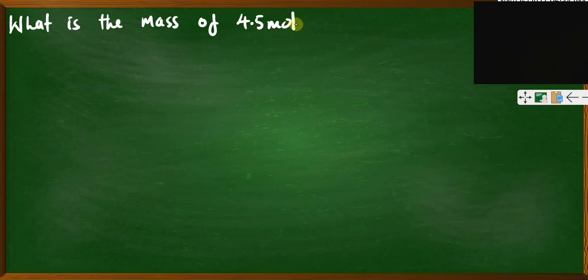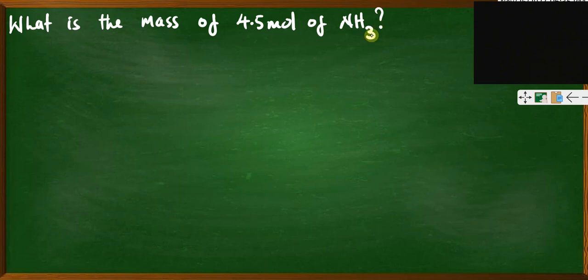This example says: what is the mass of 4.5 moles of ammonia, which is NH3? So they want the mass, right?